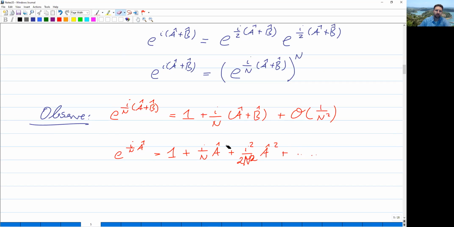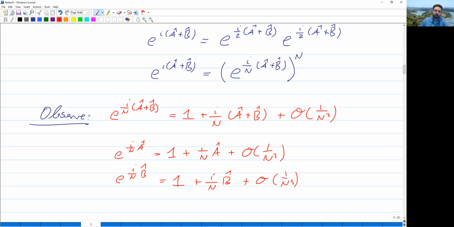But all of this we will simply write as order of 1 over n squared. So this stuff decays faster than that. And similarly, we have e to the power i over n, B hat equal to 1 plus i over n, B hat plus terms of order 1 over n squared and higher.